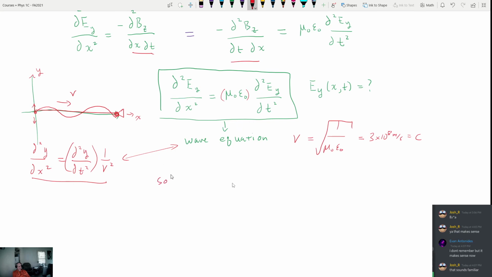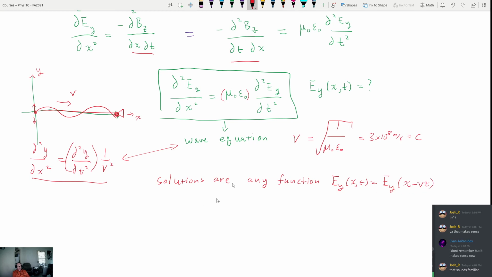The solutions to my equation are any function Ey of x comma t that's a function of x minus vt.